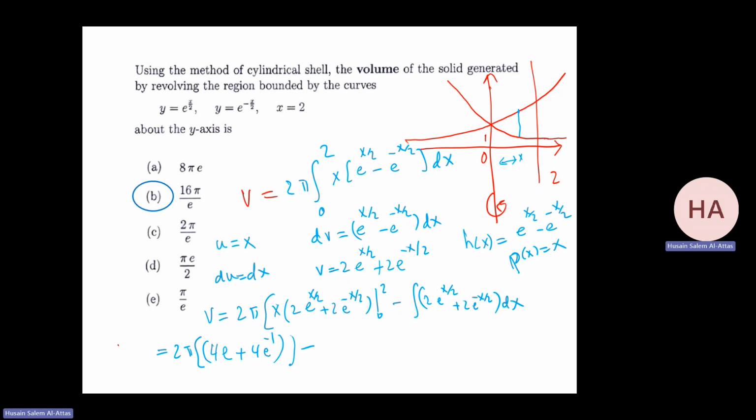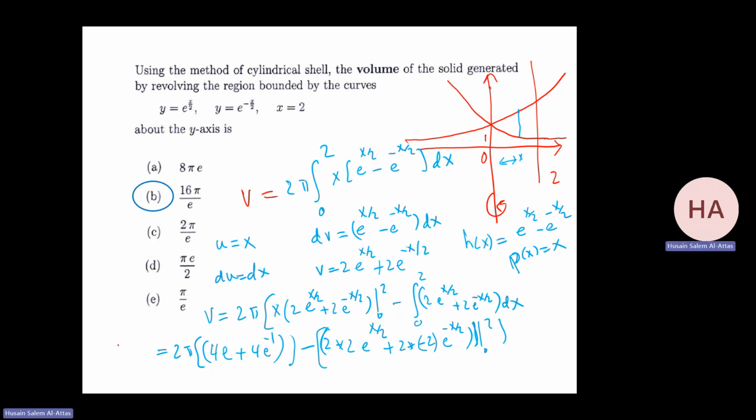This is minus. This is what? 2 times another 2 e to the power x over 2. And this is 2 times minus 2 e to the power minus x over 2. And that from 0 to 2. All of this.